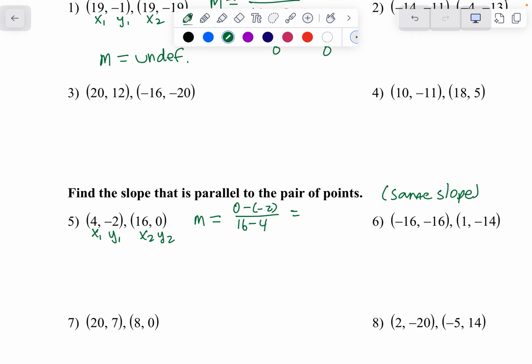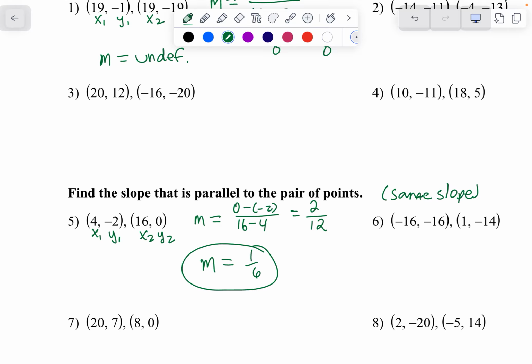On the bottom, it becomes a positive 12. Now, the slope we are looking for should be the most reduced version we possibly can go. So the slope of 1/6 for this line would be the slope of the line that we want. So the answer is 1/6. Okay, so that's what you do for 5 through 8. The slope you get is the slope you're looking for.